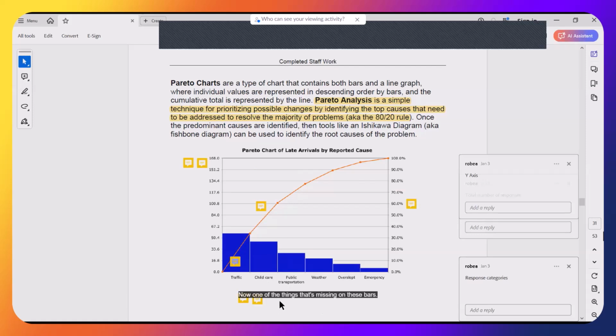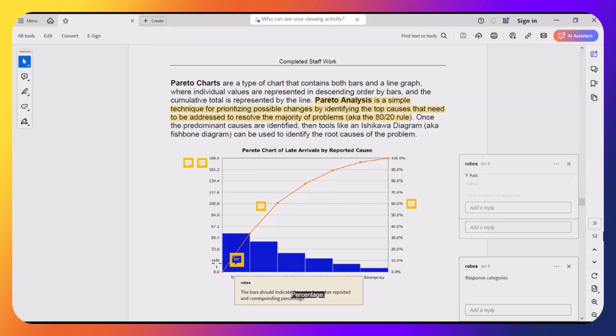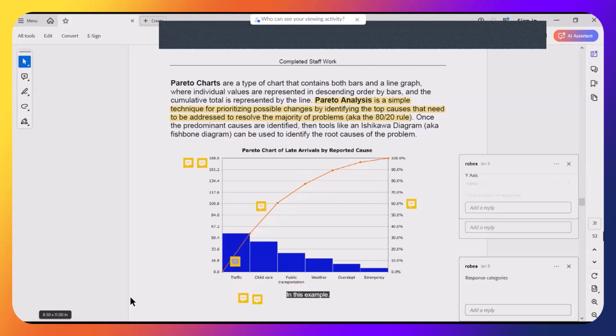Now, one of the things that's missing on these bars is the actual information, the number of actual causes per reported cause and number of incidents and its related percentage. It doesn't exist here. So we have to guess in this example that traffic represents like 55-ish% and maybe 35-ish% of the total number of reported causes.